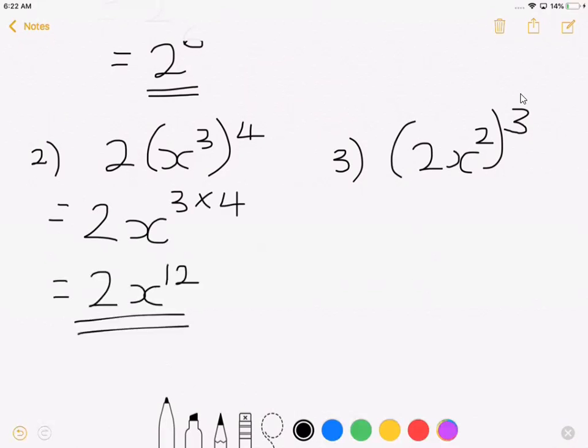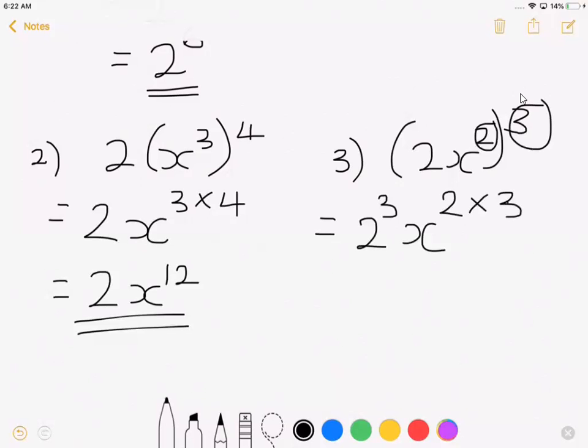But for number 3, the power 3 is affecting 2. So 2 is going to be raised to the power of 3, because that 3 is affecting 2. And for x, we now have a power of a power. We have x to the power of 2 times 3.